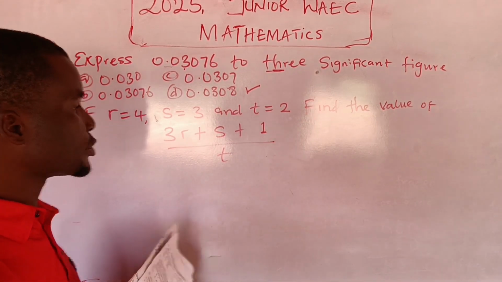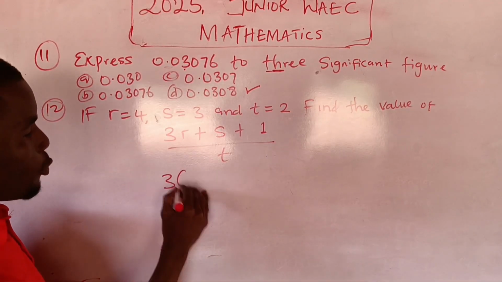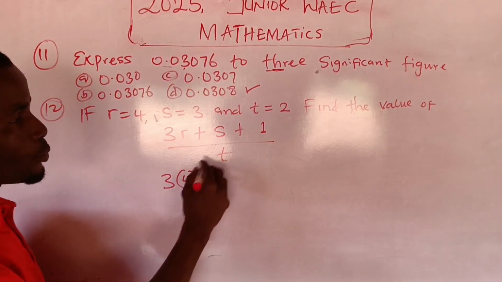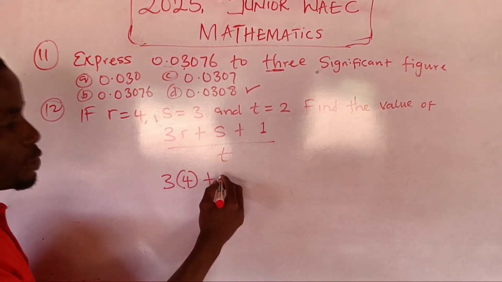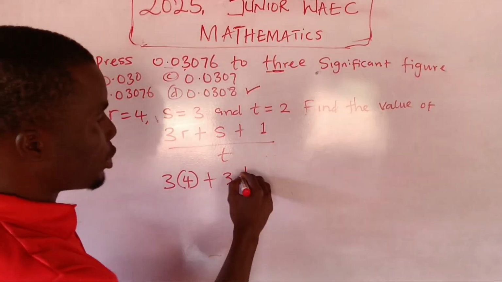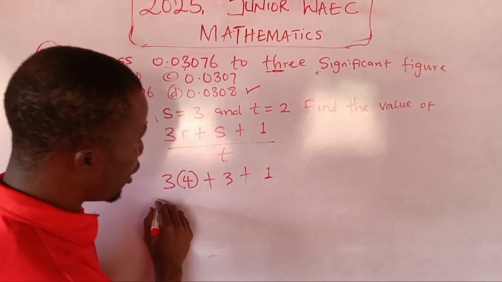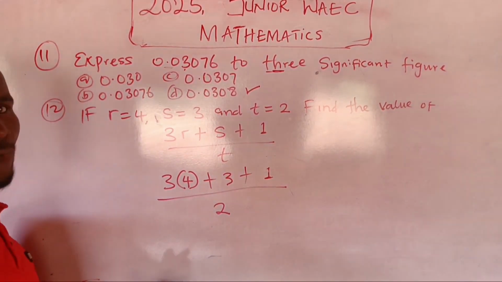So now let's substitute. Let's put it inside. So we have 3 open bracket R. Our R is 4. So you put your 4 plus our S is 3. You replace it with your 3 plus 1, all over what? T is what? 2. Right?